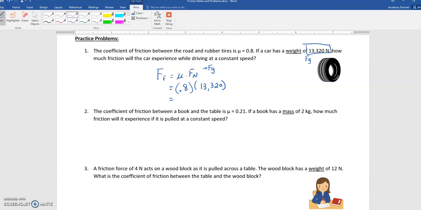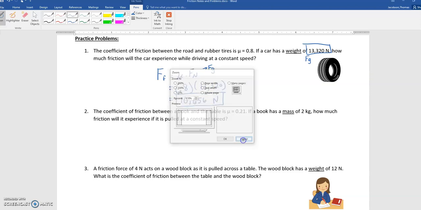We don't have to multiply it by 9.8 because the problem already gives us that weight in newtons. So 13,320 times 0.8 is 10,656 newtons, which makes sense because it's a car. You're going to have a high amount of newtons on the car.